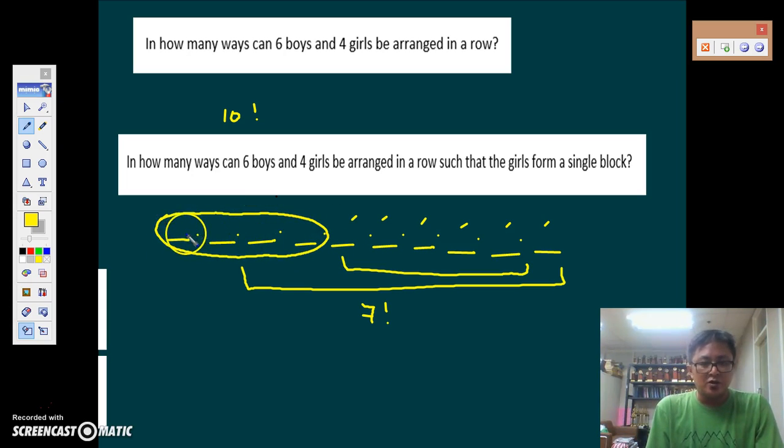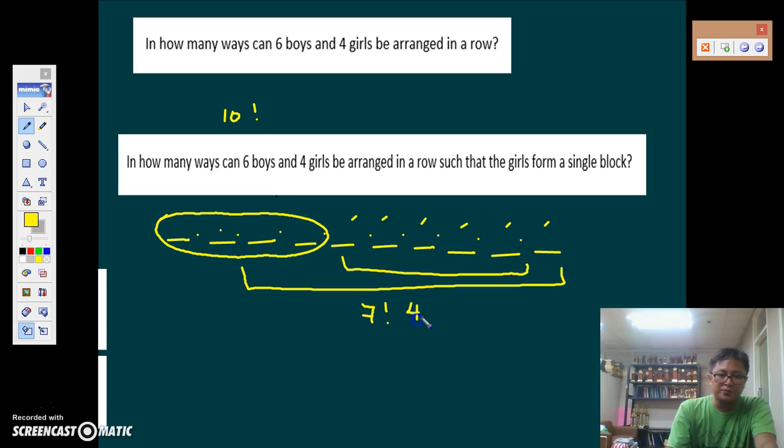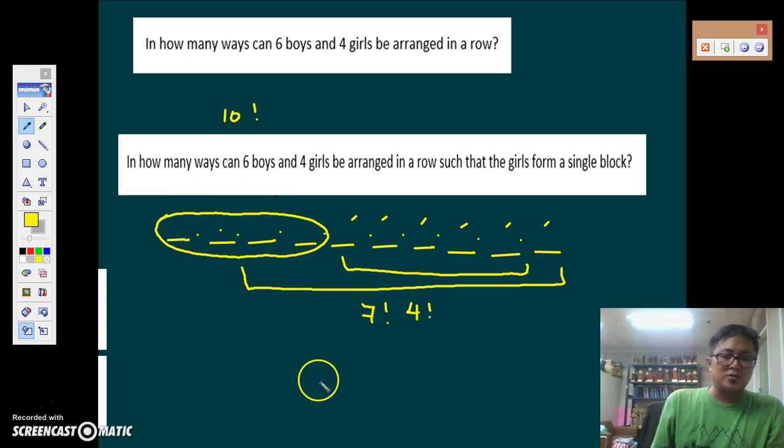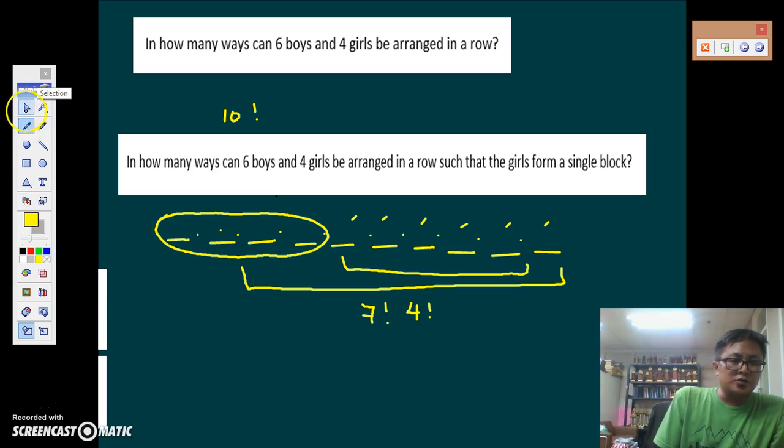Suppose girl 1 wants to sit here, girl 2, girl 3, girl 4, or girl 4 here too. So there are 4 of them which they can arrange themselves in these 4 seats as long as they are together. So that will be 4 factorial. So let's leave our answer here just like this. 7 factorial and 4 factorial.